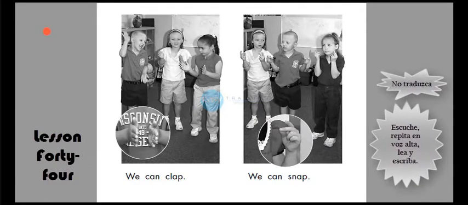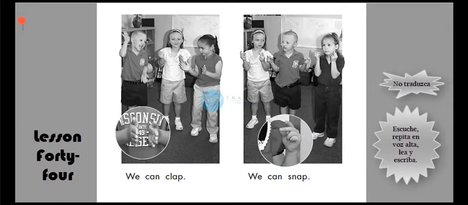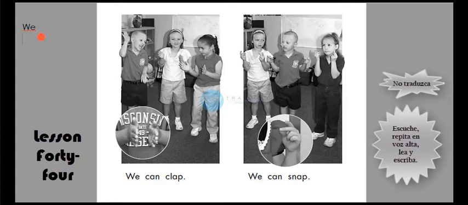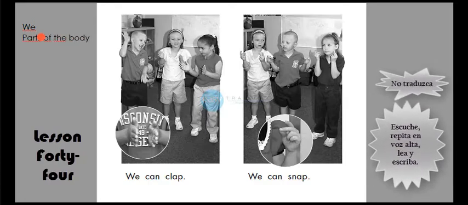Primeramente quiero hacer alusión a algunos de los términos que vamos a emplear en esta lección. Y el primero es we. En una lección anterior ya he mencionado ese término e incluso expliqué acerca de su significado, su uso. El segundo término puede ser parts of the body.